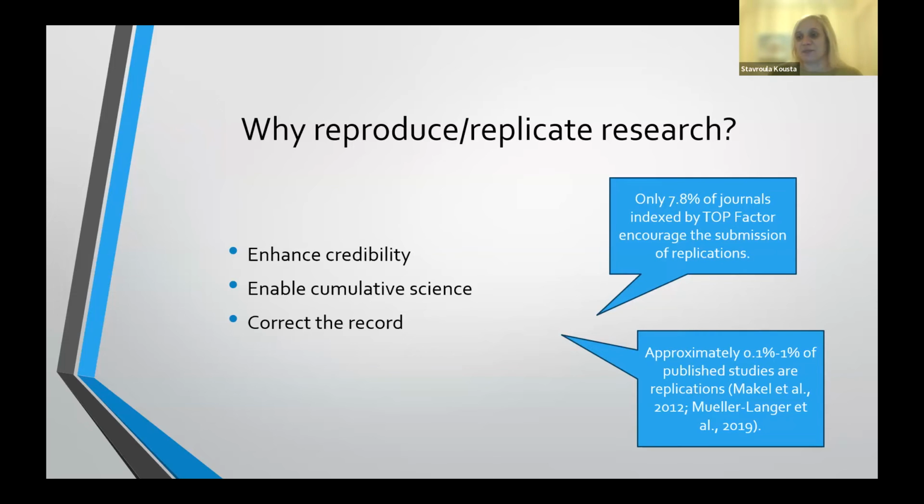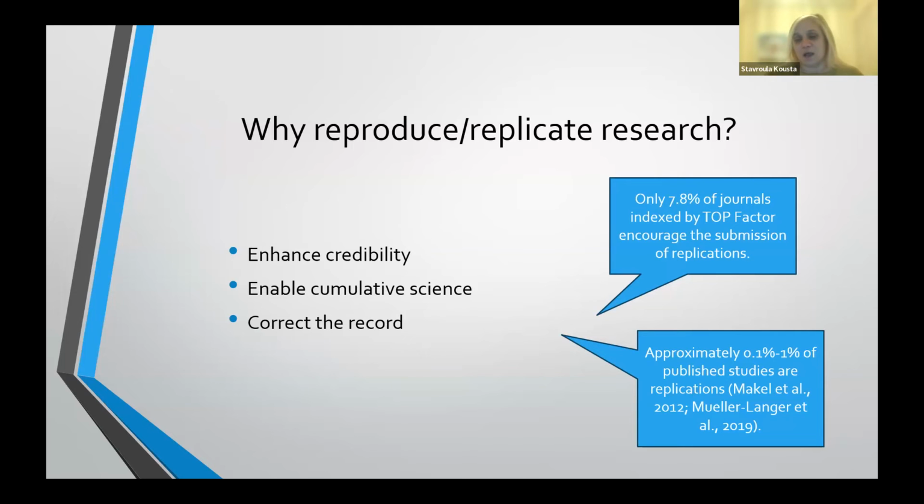Just one additional piece of information to what Lucas and Lucas talked about. I went into the Top Factor website and I tried to see how many journals indexed by Top Factor encourage replications, and it's only 7.8%.